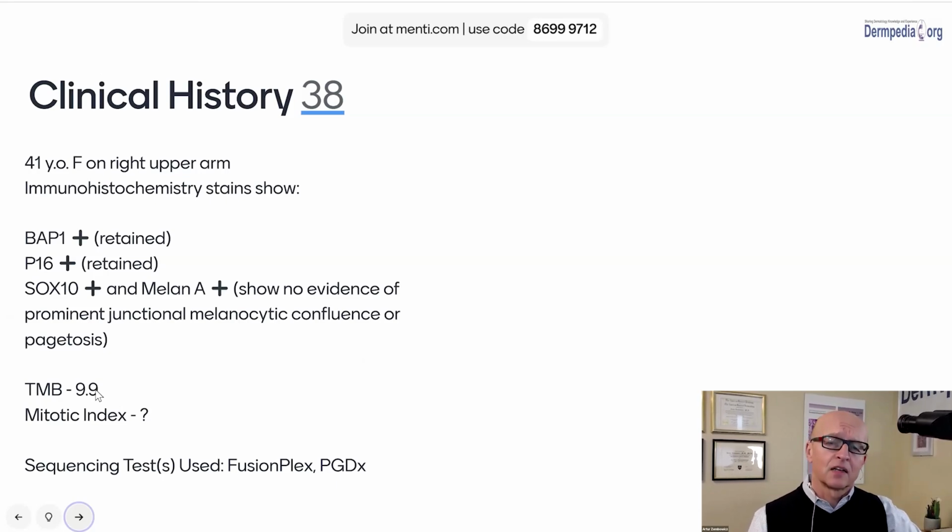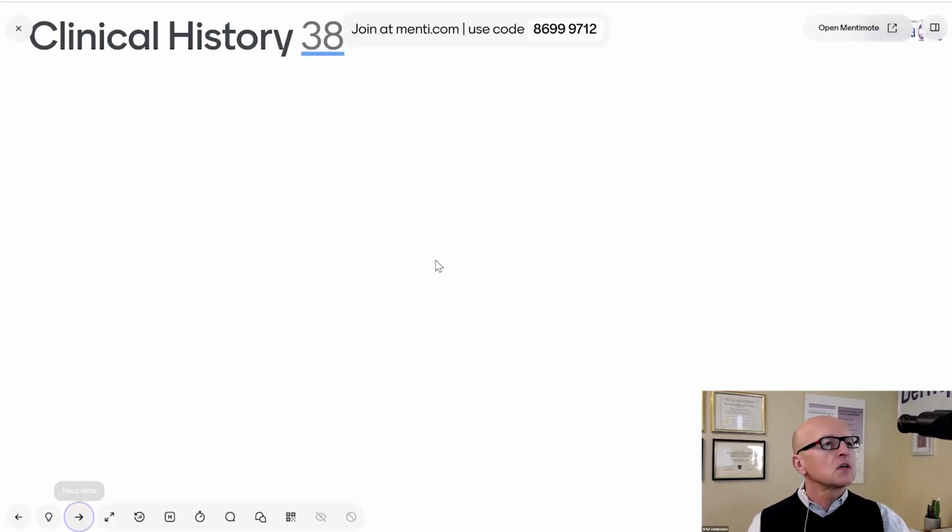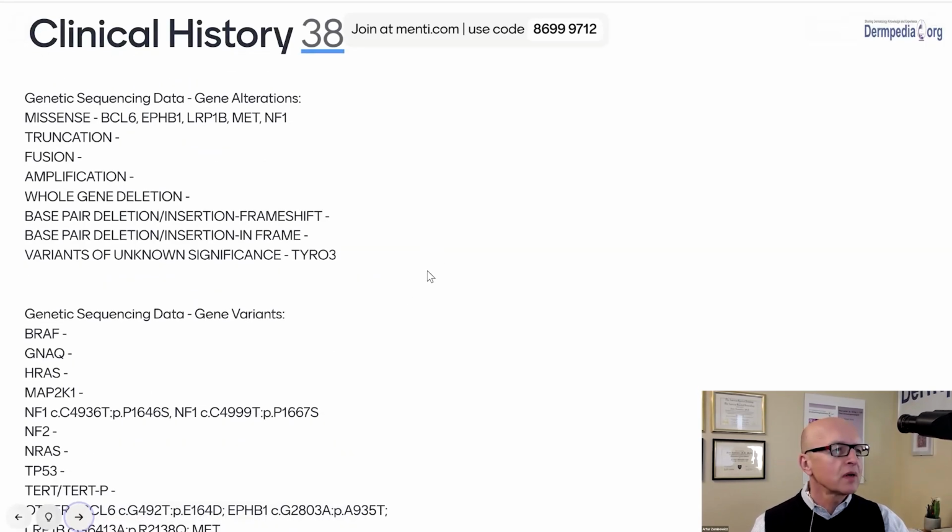That's on the high side, I should say, because the average in melanomas will be around that high. And the sequencing was done and showed a lot of different genetic abnormalities. Among them were NF1 mutations, which were missense.